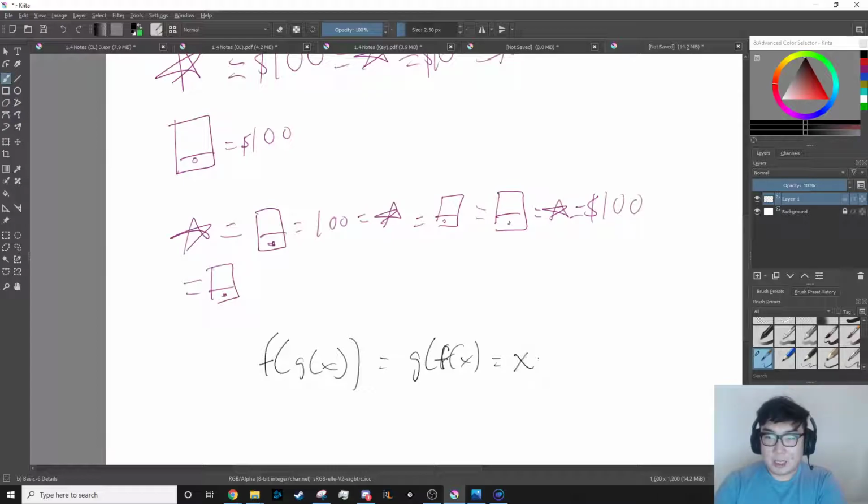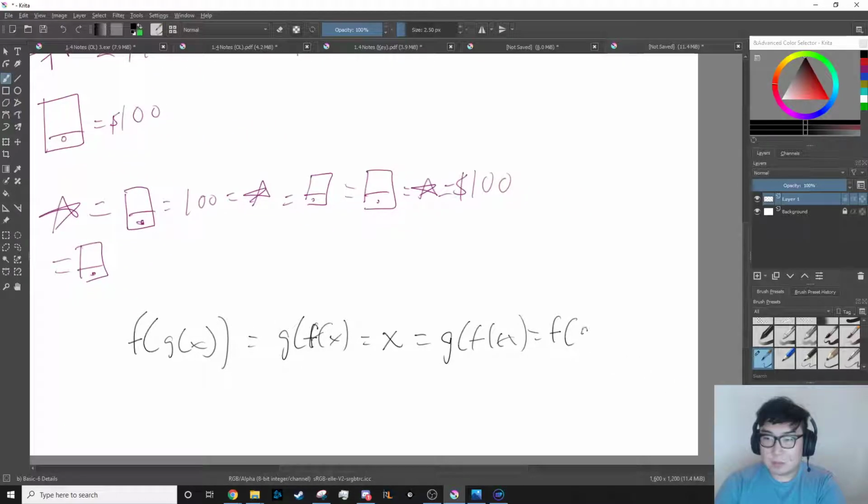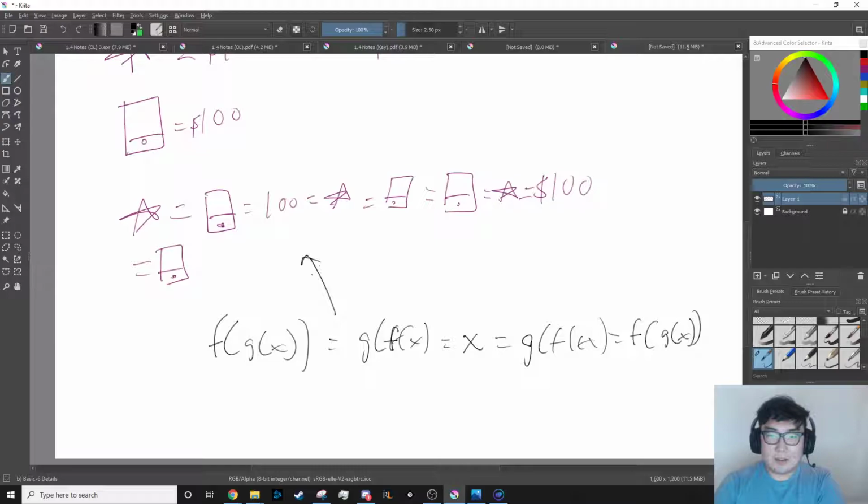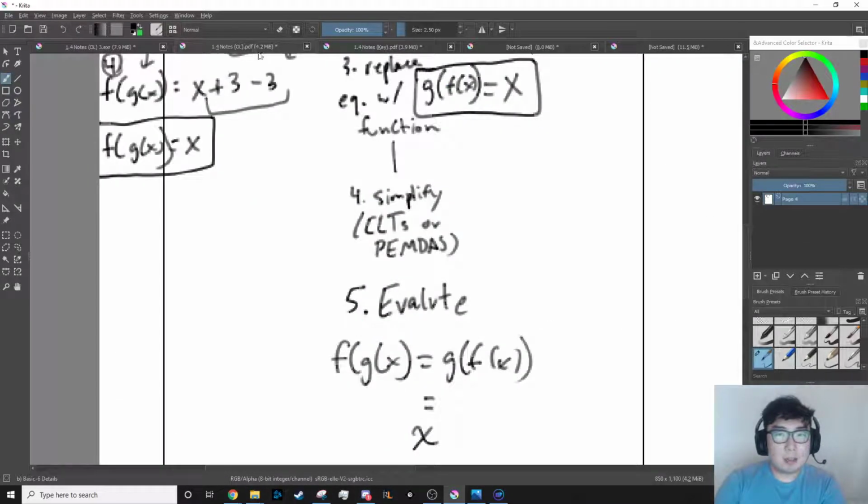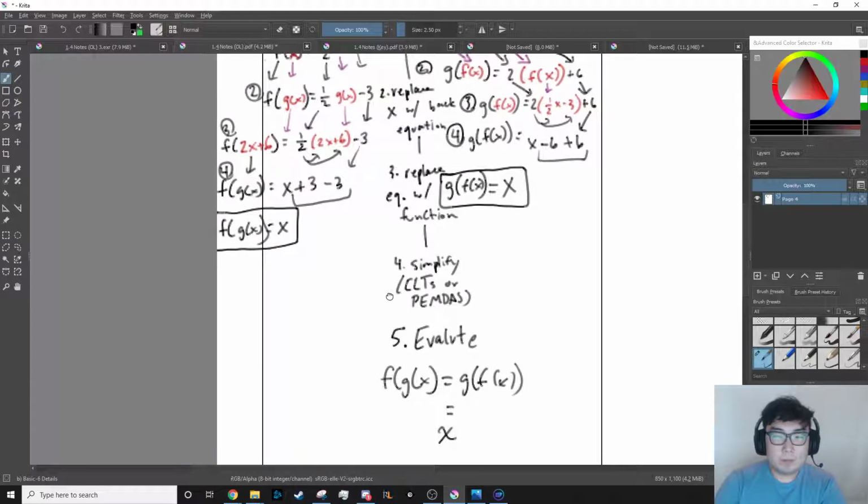is equal to x, which is equal to g of f of x, which is equal to f of g of x. This and that have the same concept, as in I have to say this is equal to that and that and that and that. So in my problem, is that true?